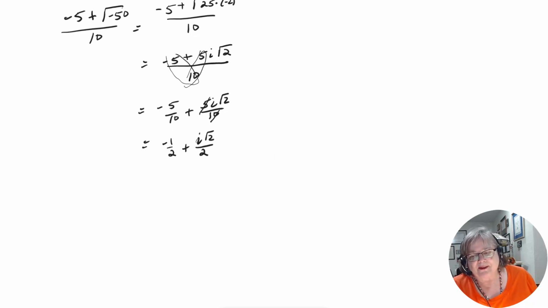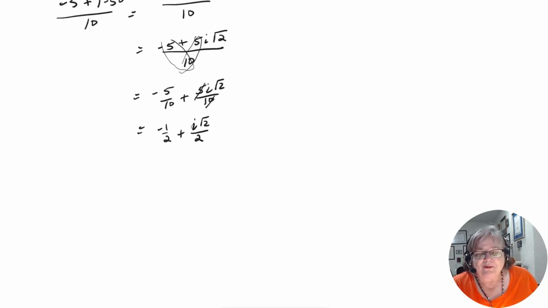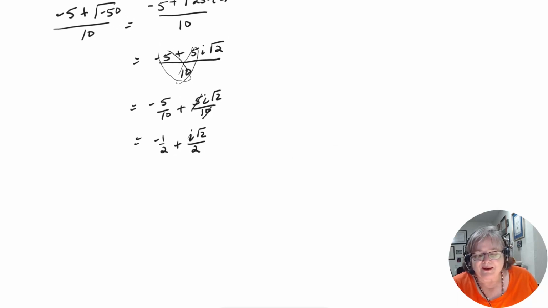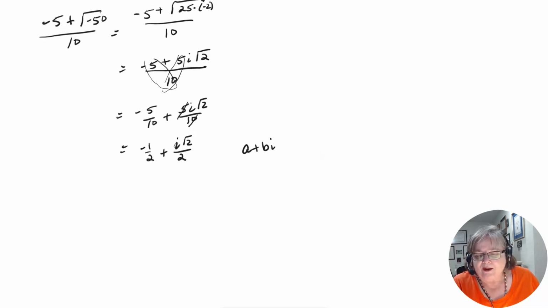All right, now let's talk about this. Different computer graded systems, different teachers, different books, have different things about what they do and do not want to see. I would be okay with this answer. I would be okay with negative 1 plus i square root of 2 over 2. That would be good with me. May not be good with your teacher. If your teacher says, I want a plus bi form, then it would be incorrect to leave it as negative 1 plus i square root of 2 over 2, because do you see how it's not really two separate terms?